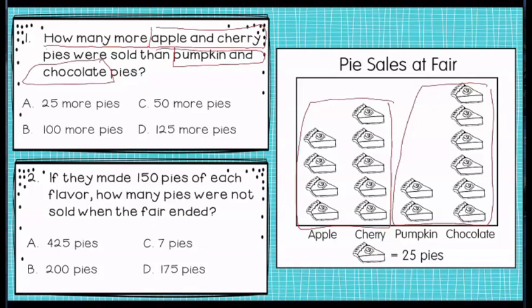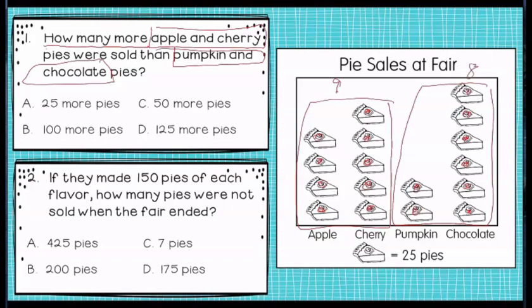So how many more pies? We could count the pies that we have on our pictograph. If you look, we've got 1, 2, 3, 4, 5, 6, 7, 8, 9 pies. So there's 9 over here. And how many do we have over here? 1, 2, 3, 4, 5, 6, 7, 8.